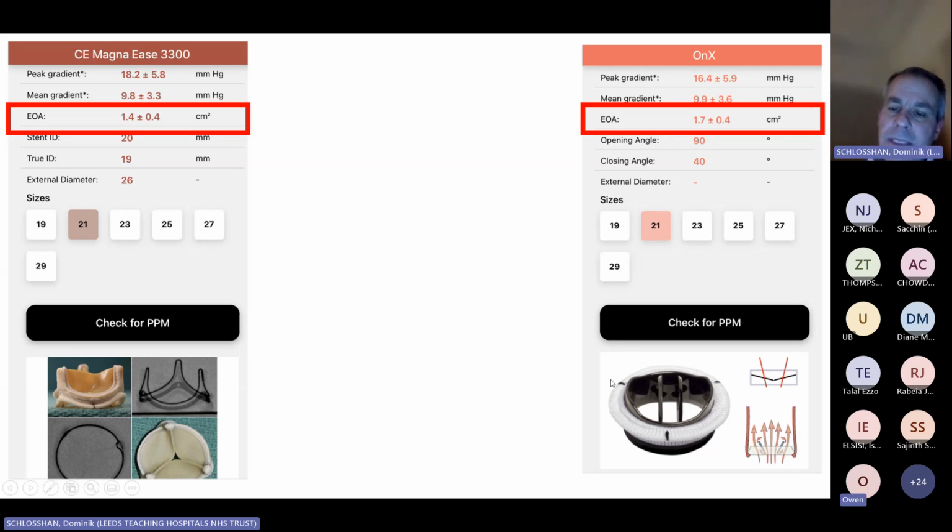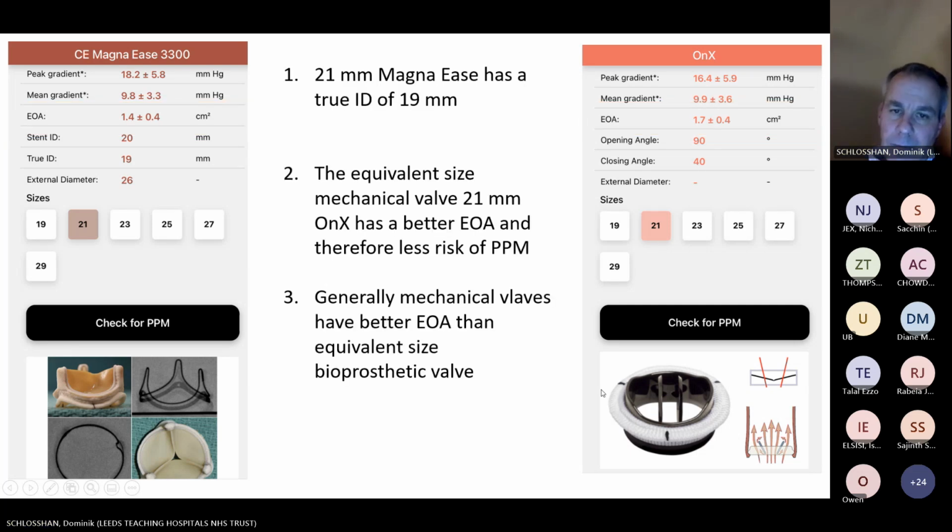The Onyx valve particularly is good because it doesn't have a tilted angle, but the two discs actually open at a 90 degree angle, which is important. So the summary is that an equivalent size mechanical valve has a better orifice area, and generally mechanical valves have a better EOA than an equivalent size bioprosthetic valve.